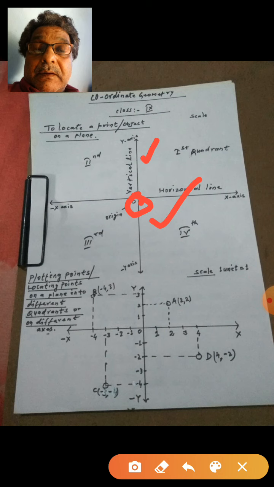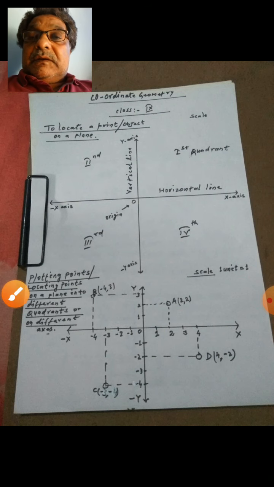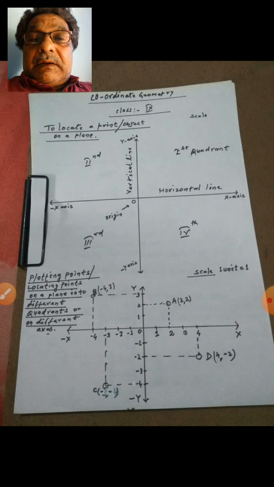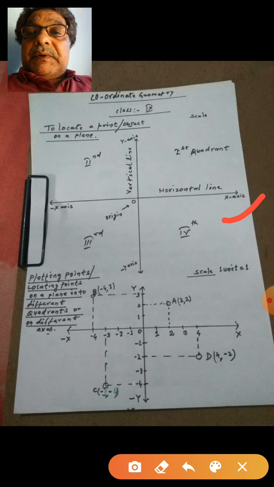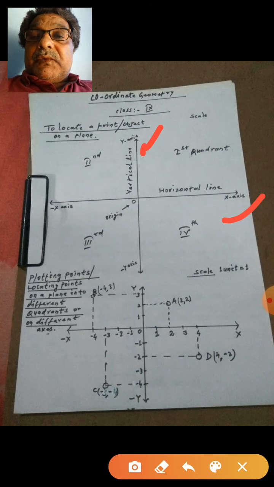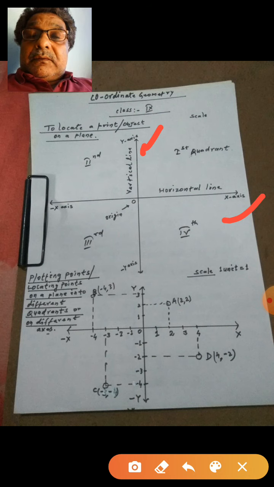Now, this horizontal line, which is parallel to the Earth, is the x-axis, and the vertical line, perpendicular to the Earth, is the y-axis. The meeting point of both lines is the origin.